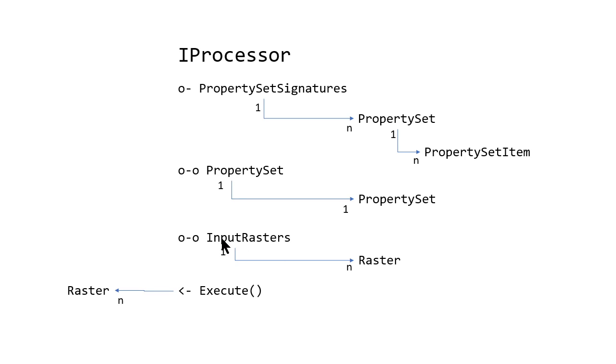The input rasters you can both get and set, and they may contain more than one, 0 to 1, actually, that's incorrect, that should say 0 to 1 output rasters. And then when you finally have set the specific property set that you want to execute, when you call execute, it returns 0 to n raster outputs. So that's the way that a processor works in RAMP.